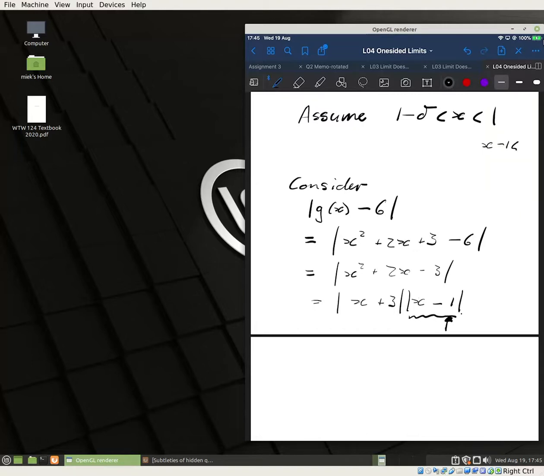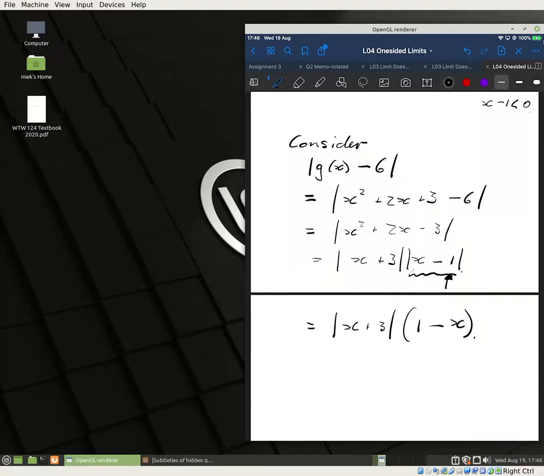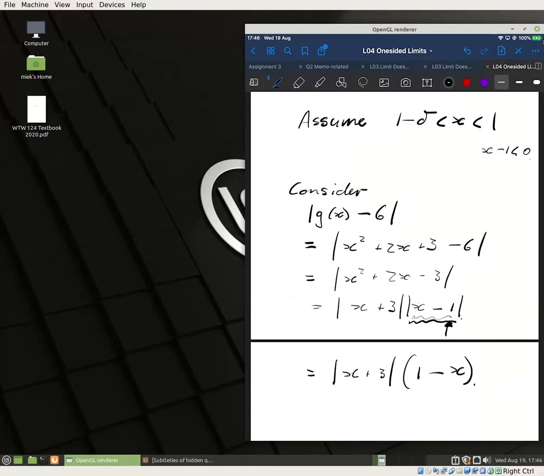X minus 1 is negative. So this absolute value is equal to x plus 3 in absolute value, but 1 minus x, which is this expression inside the absolute value multiplied by minus 1. Why by minus 1? That is exactly how the absolute value is defined. If you give it a negative input, it multiplies the negative input by minus 1. So this is what we get.